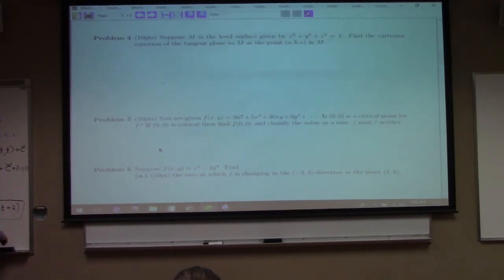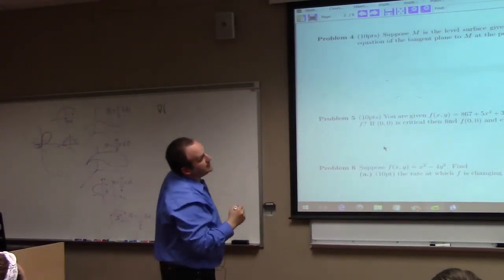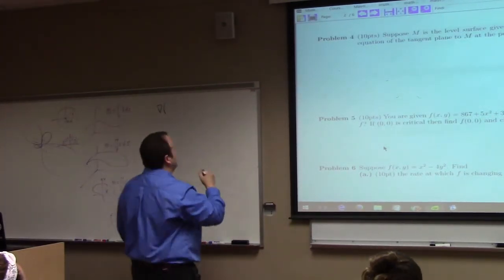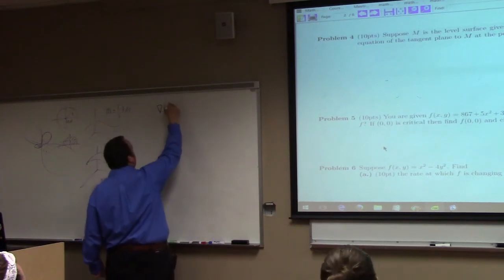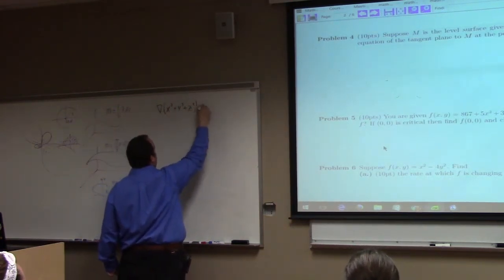How do you do problem 4? So we know that the gradient of the level equation, x squared plus y cubed plus z to the 4th, gives me a vector field which is everywhere normal to the surface, right?